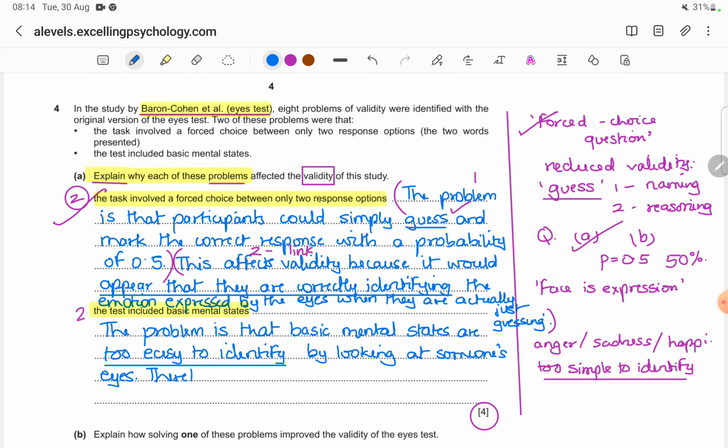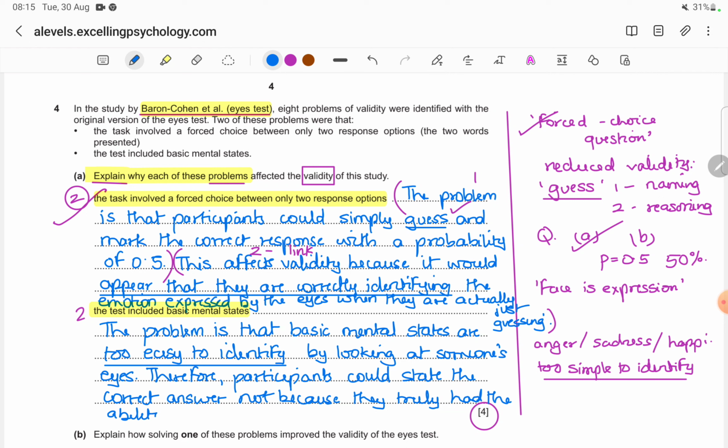Therefore, participants could state the correct answer not because they truly had the ability to distinguish between emotions, but because of the ease of answering, reducing validity.